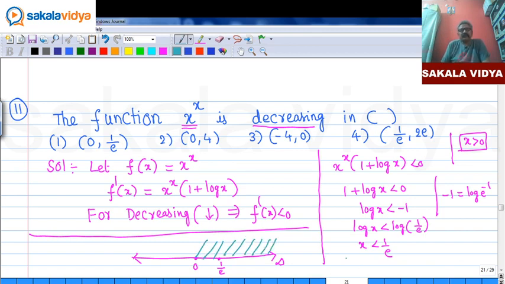Next, x less than 1 by e, you take another color, you shade like this. Okay, intersection is here to here. That means therefore, here x belongs to 0 comma 1 by e. That means first option is the right option.